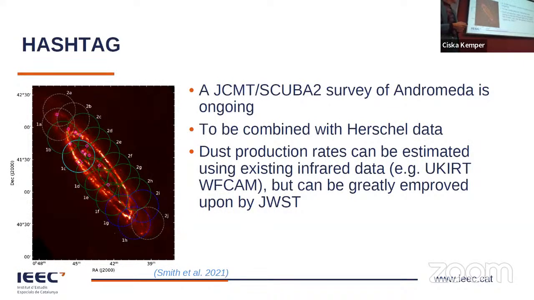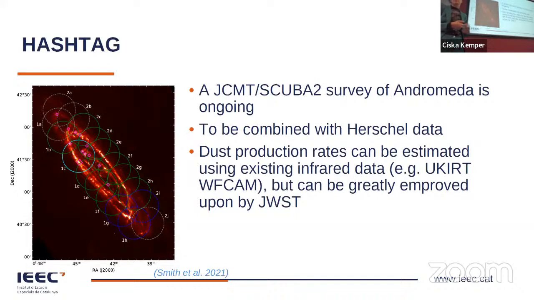And then I want to highlight this study. This is still very much ongoing: a survey of Andromeda, also with JCMT. This, of course, is one of the two nearest spiral galaxies, and we can combine this survey, which will ultimately map the entire galaxy with Herschel data, and do more detailed analysis, especially at these longer wavelengths, to find out if we see the same sort of behavior here.